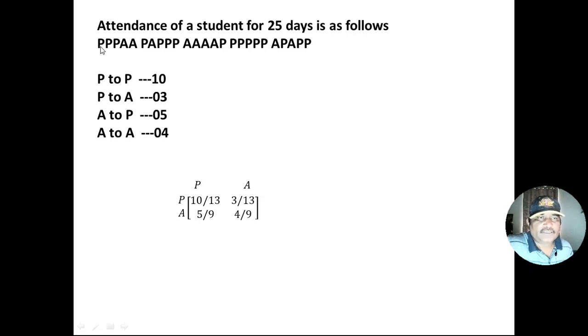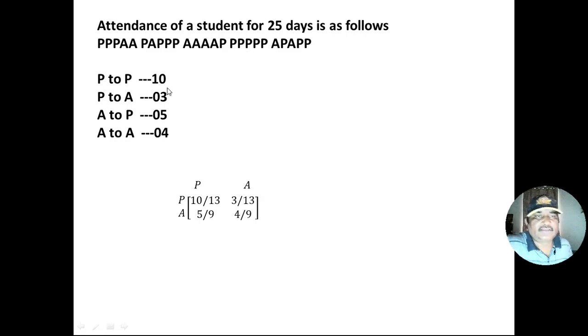P to P: here is one, then second, third, fourth, fifth, sixth, seventh, eighth, ninth, and tenth.